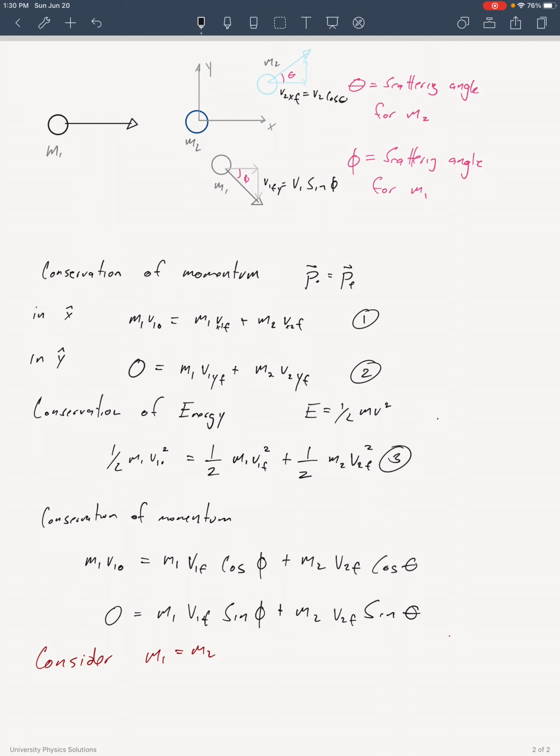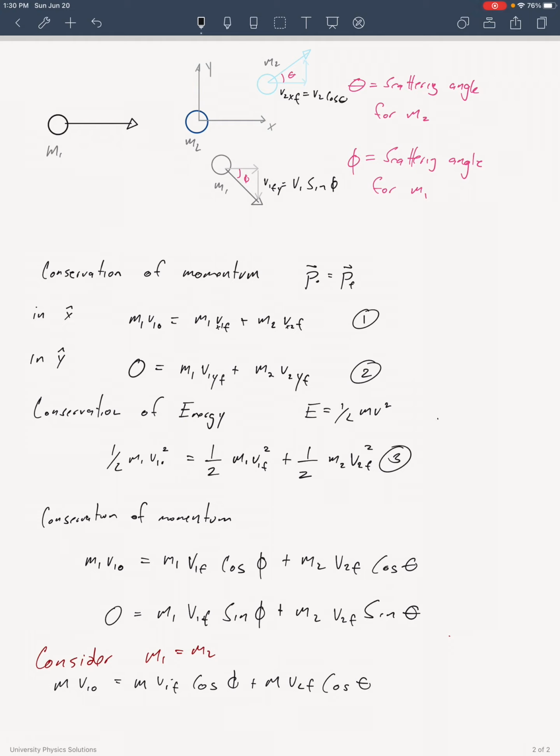So for instance, for my momentum equations, I'll just have m b10 is equal to m b1 final cosine of phi plus m b2 final cosine of theta. Notice that I did not put any subscript on the masses because now all the masses are the same.